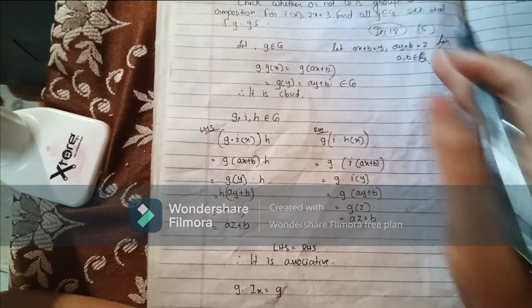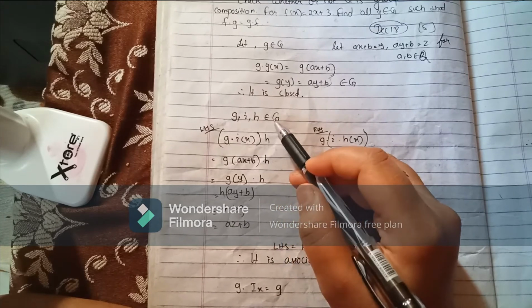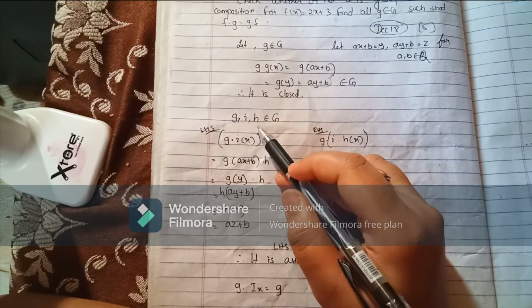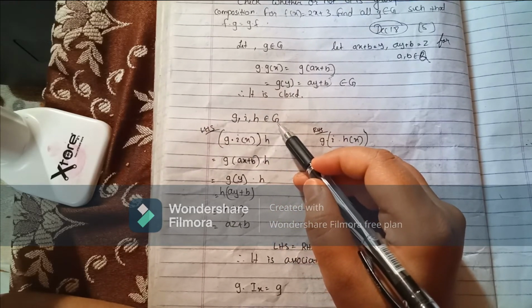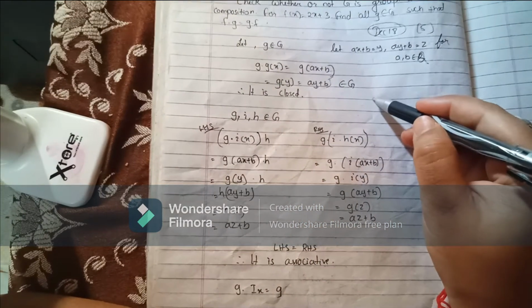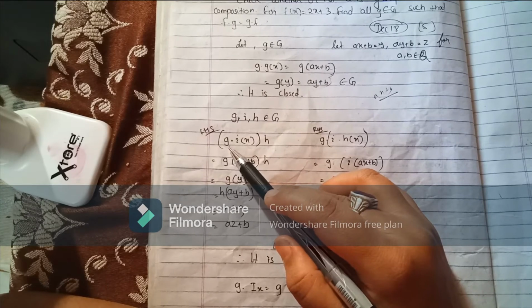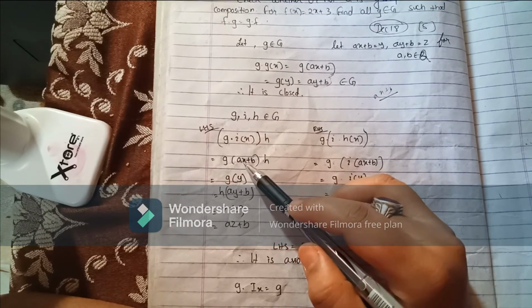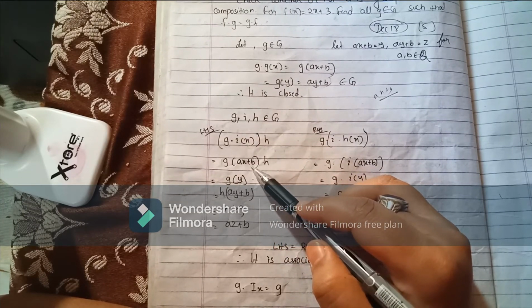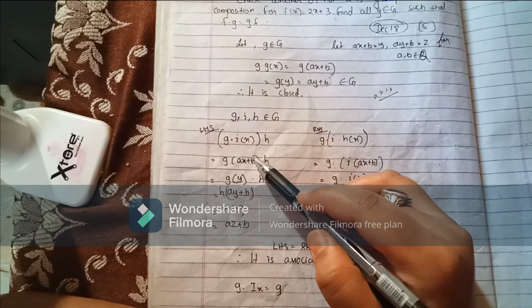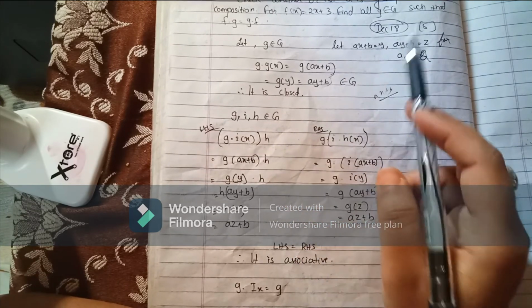Now for associativity, we will take any three functions that belong to G. If I am saying any three functions that belong to G, that means all the functions are in the form of ax plus b. So first of all we will take this g of x, and I wrote ax plus b. Then g of ax plus b, I took ax plus b equal to y there.